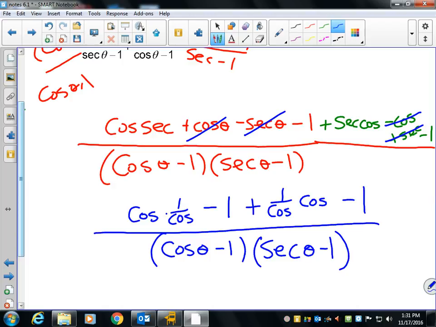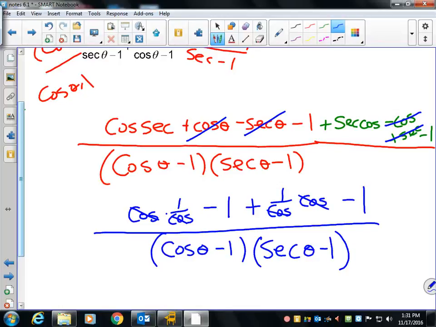Now, like Aaron was saying here, cos times 1 over cos, or cos times secant, that's just 1. So now we have 1 minus 1 plus 1 minus 1. What does that equal? 0.